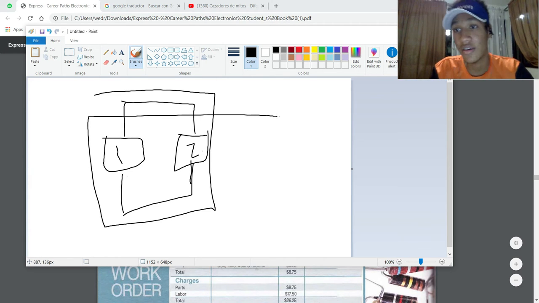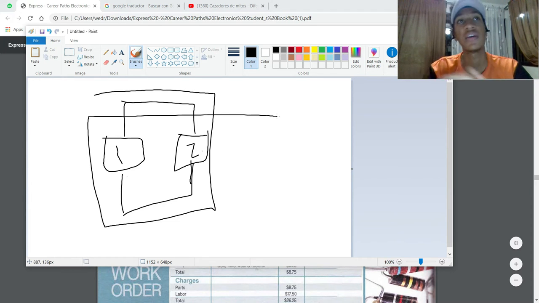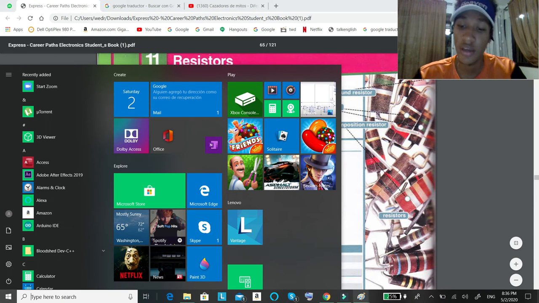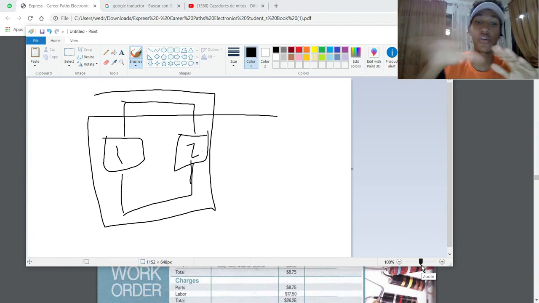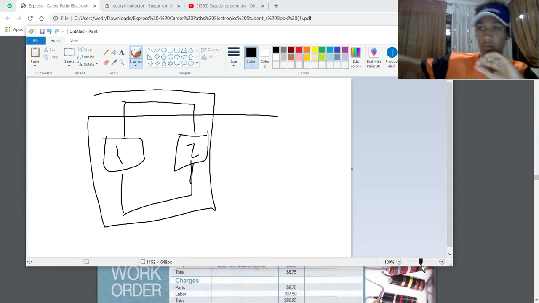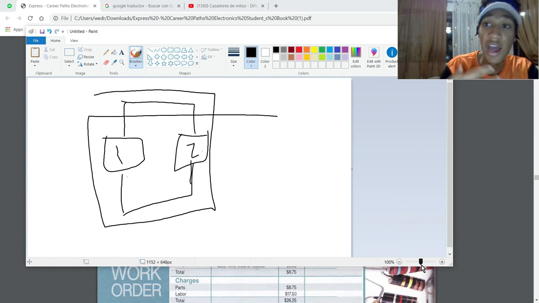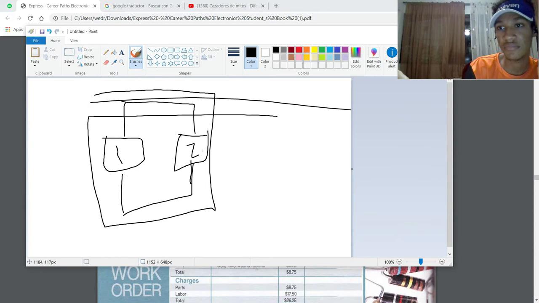So the electrons, when they pass through the different devices, are tired because they go through a large street, for example, and the voltage does that.